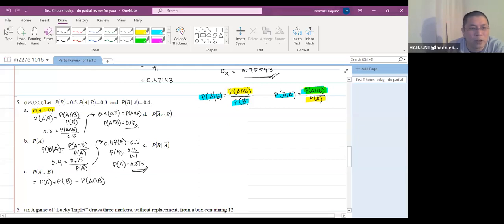Okay, that is 0.375 from part B plus probability of B, 0.5, that's given, minus probability of the intersection, 0.15 from part A. That would be 0.725.